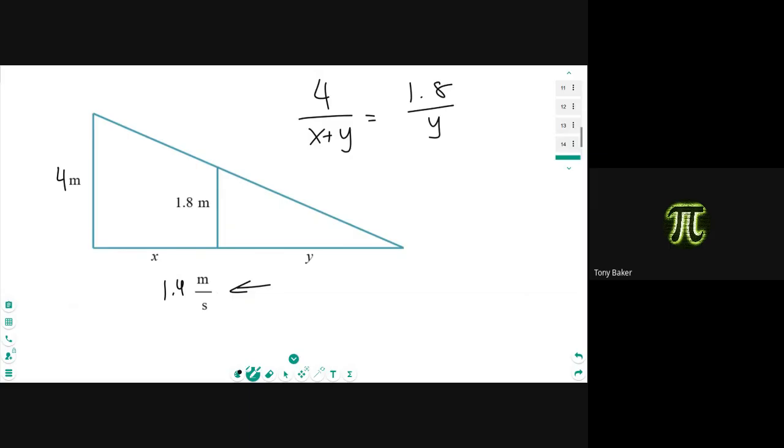So we can solve this for y. So let's cross multiply.